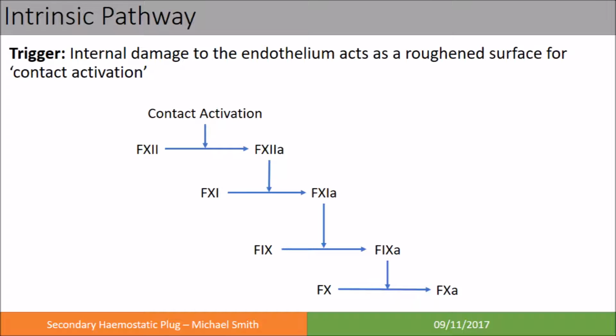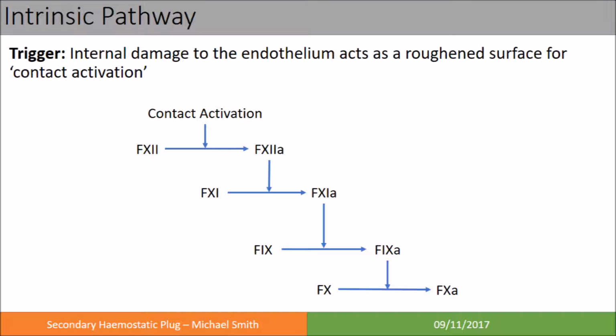The intrinsic pathway is slightly longer, but still fairly simple. So you have contact activation. This is where the wall of the artery has become roughened, and this causes a series of reactions which activates factor 12, which is floating around in the blood.